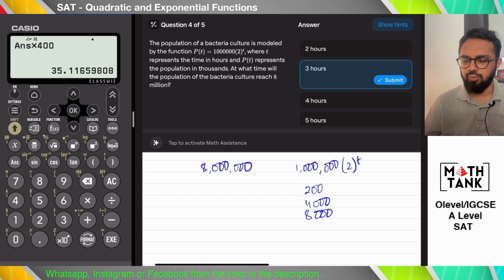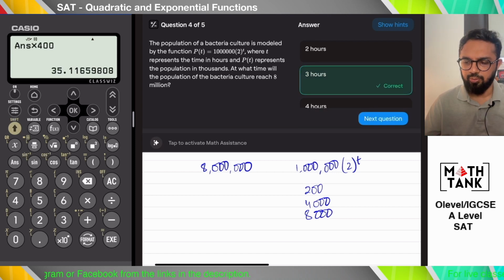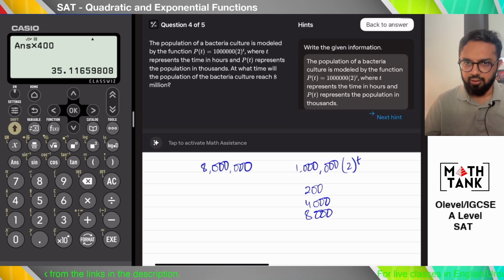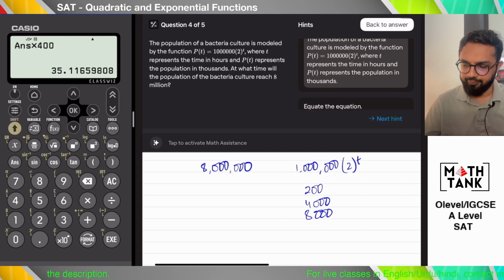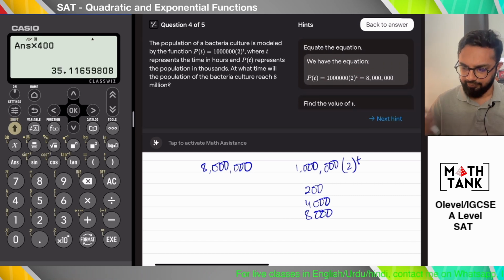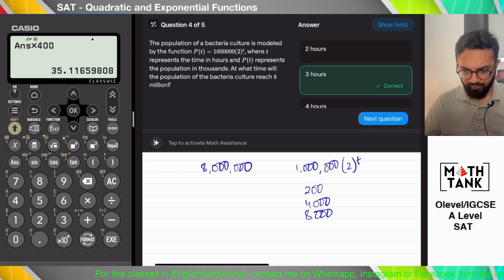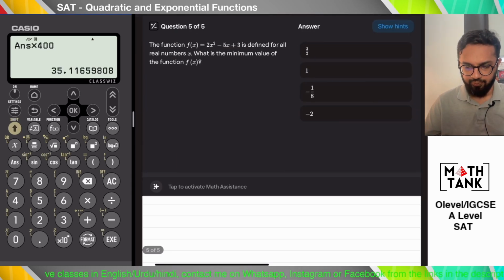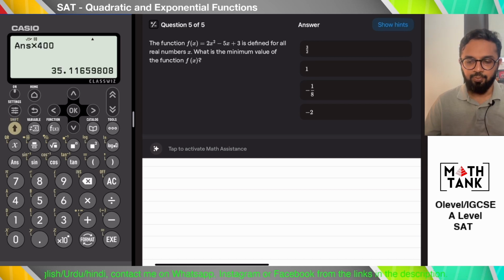Okay, the question is worded very weirdly. I think that should be the correct answer. Let's see. Okay, it's not in thousands, so that's clear. It should have been equal to 8 million, and then you could have done a bit of trial and error to solve this question.